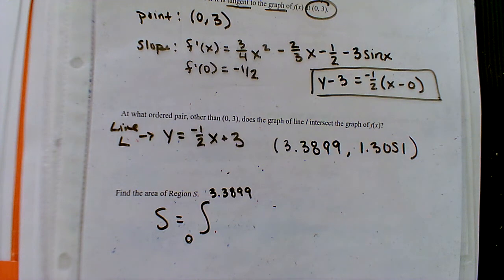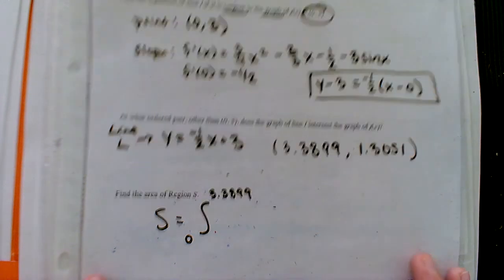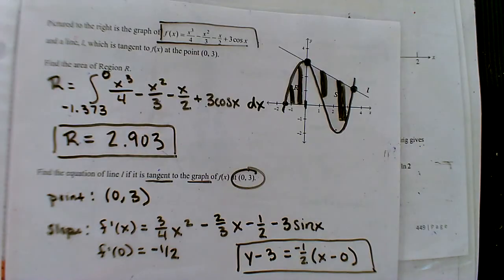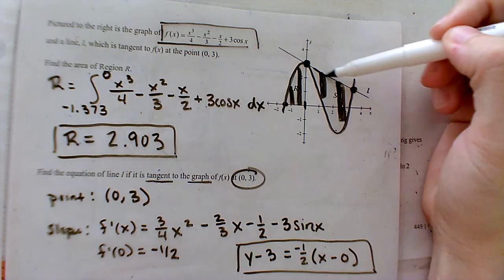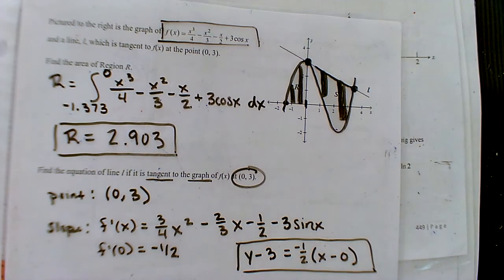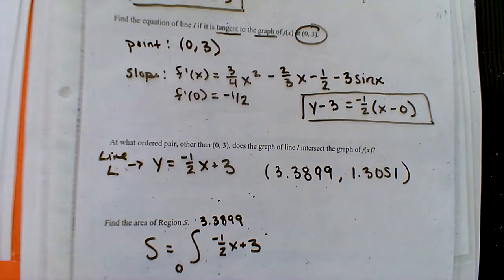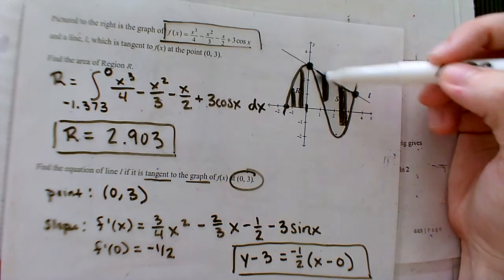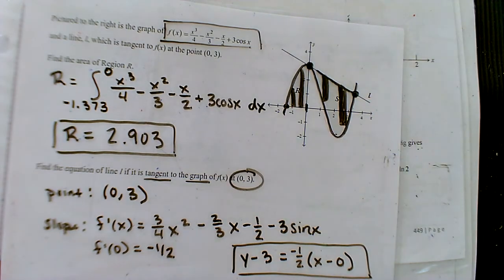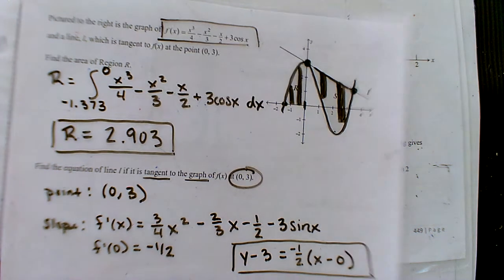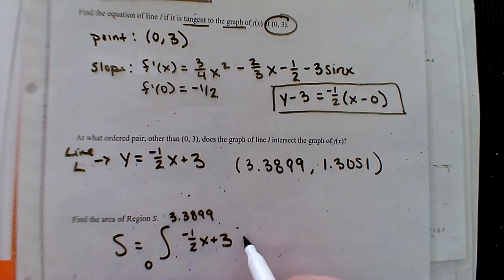So now we've got to figure out the top function and then subtract the bottom function. If you look at the rectangles, if you draw them in, the top function is the line, which was the negative 1/2 x plus 3. And the bottom function is that f of x curve. So we have to subtract every single term from that f of x equation.